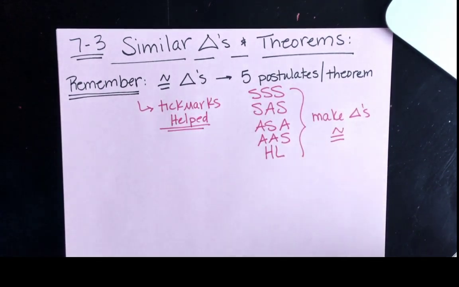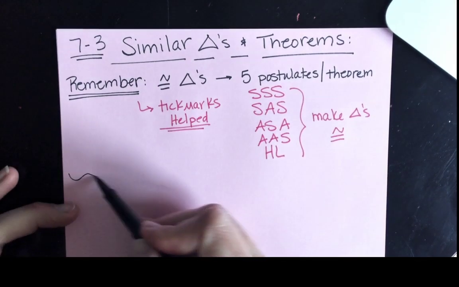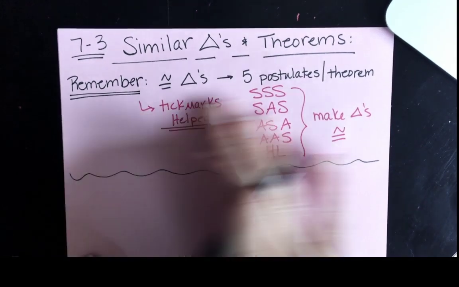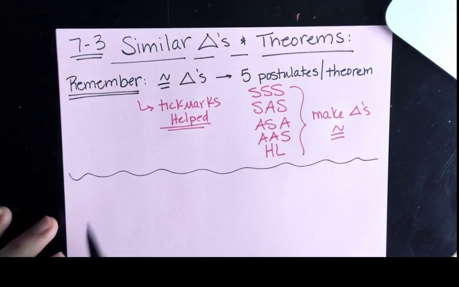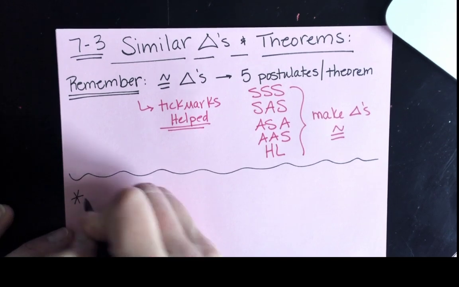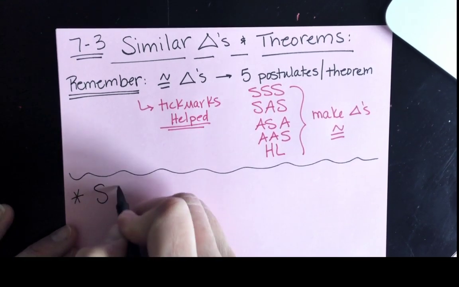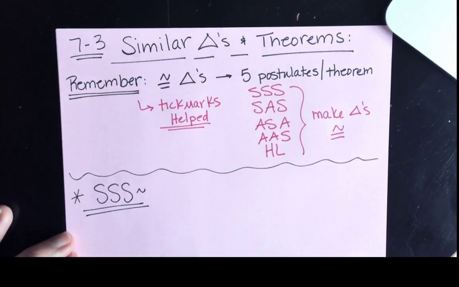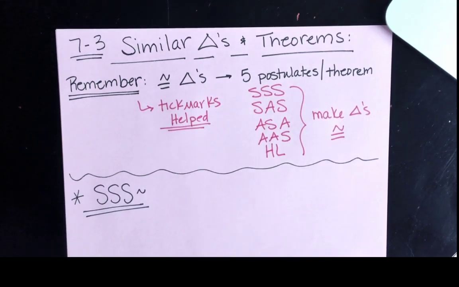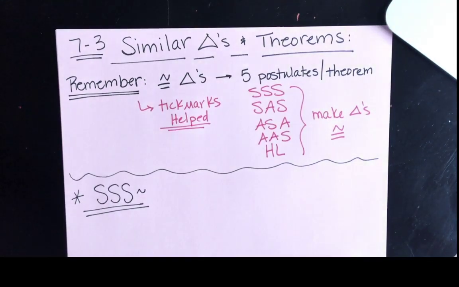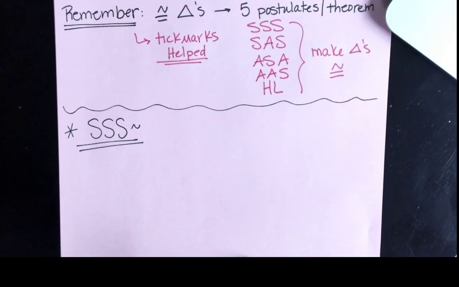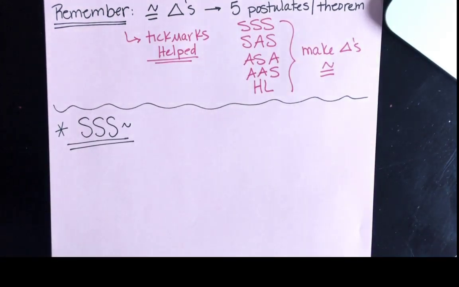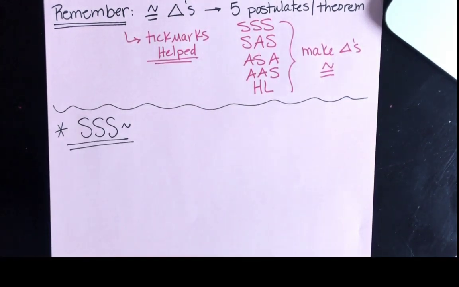So we're going to switch gears. We are going to talk quickly about our theorems for similar triangles because we've done this a lot with congruent. So our first similar triangle theorem is actually side, side, side similarity. And side, side, side similarity, you have to put the similar symbol after it. If you don't, we're going to assume that you're talking about congruent triangles, and we don't want to confuse the two, so it does have to have the similar symbol after it.